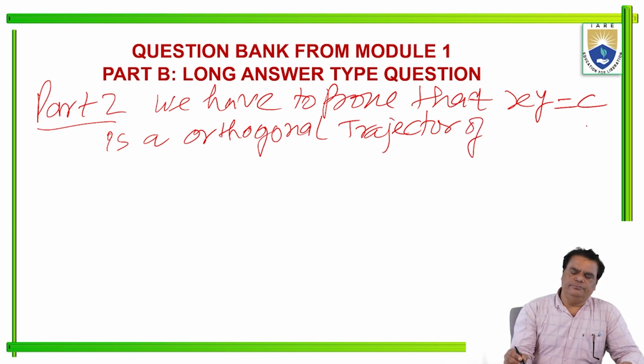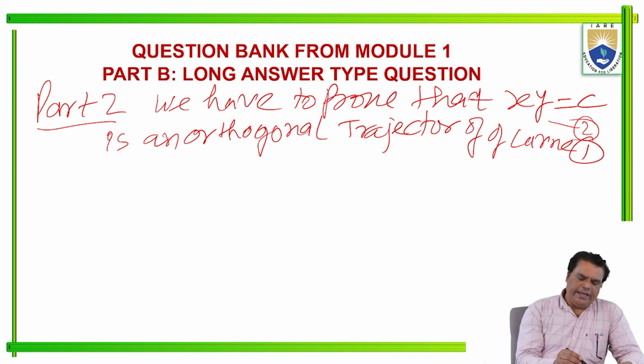This is curve 2. Curve 2 is an orthogonal trajectory of curve 1. Okay. So xy is equal to c.